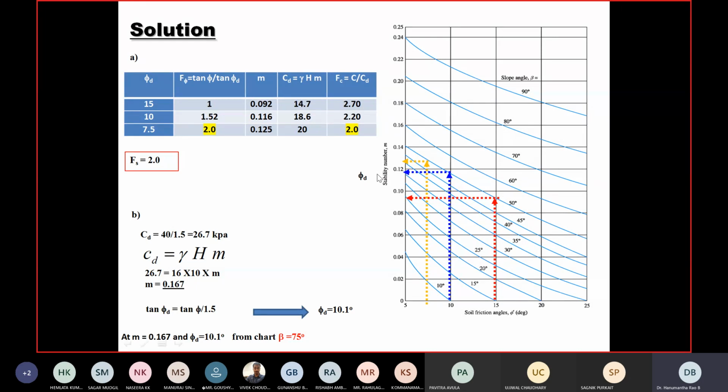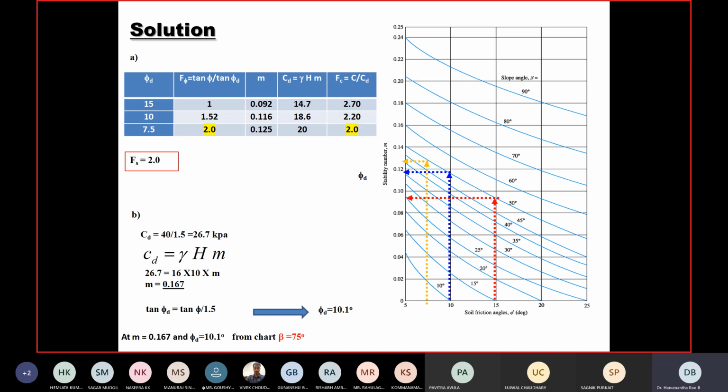Then corresponding to F phi, pick up the value of m, the stability number c dash by gamma H, for the given friction angle of, say, 15 assumed, and the slope angle beta.